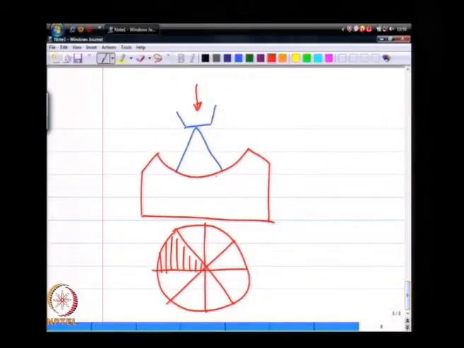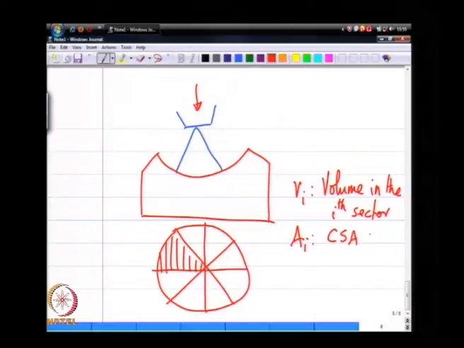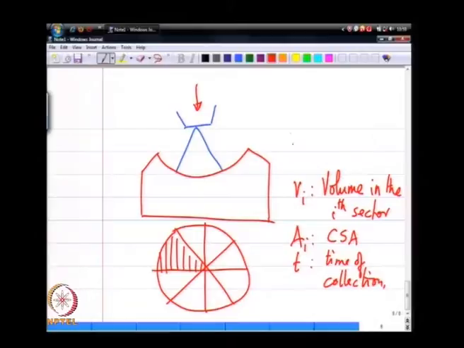So, if Vi is the volume collected in the ith sector, Ai is the cross sectional area of that sector as the flow sees it, and if T is the time of collection, I can define the same Qi double prime, which is given by Vi divided by Ai T, and I expect Qi double prime over all the sectors to be the same if I have a relatively uniform spray.